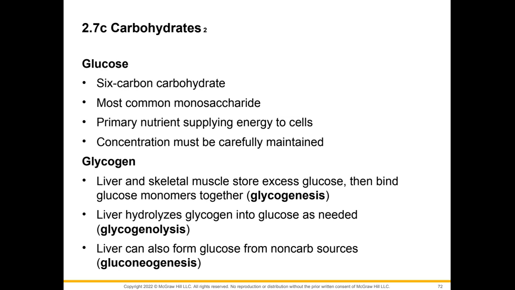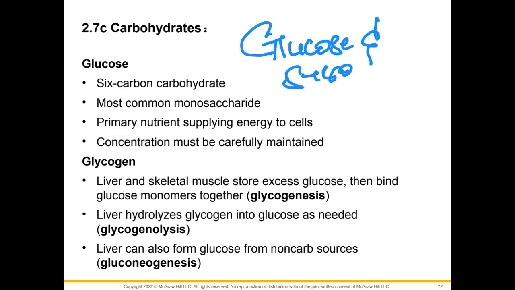If you ingest fructose, you have to convert it to glucose first. In chapter 3, glucose and fructose have the same molecular formula but different structure, so they're called isomers. And do you know the enzyme that helps convert fructose to glucose? It's called isomerase.